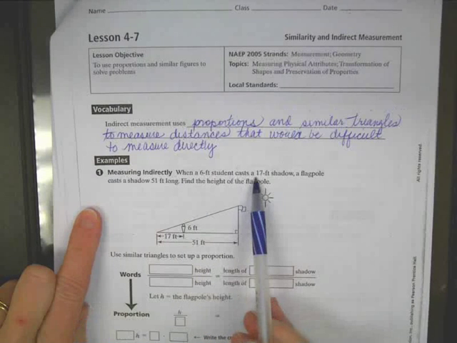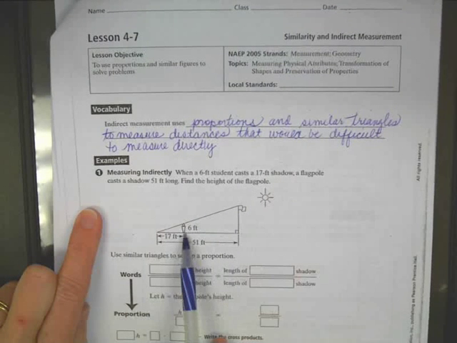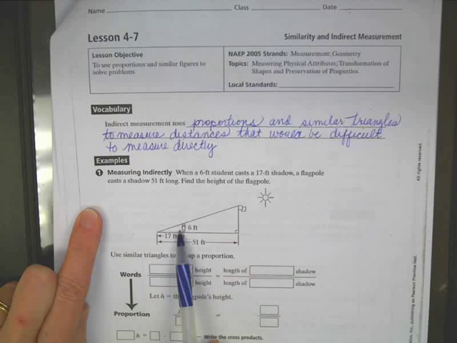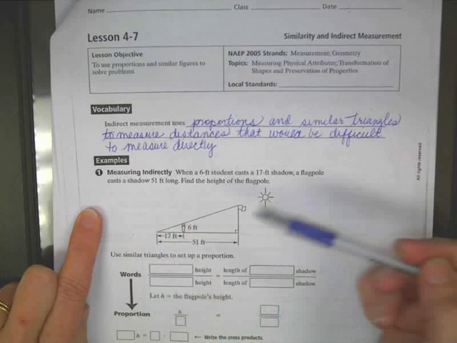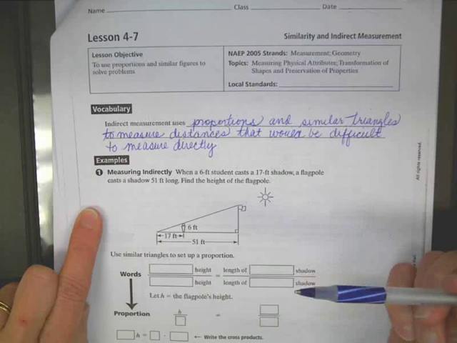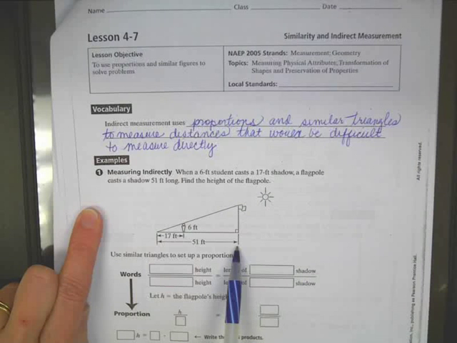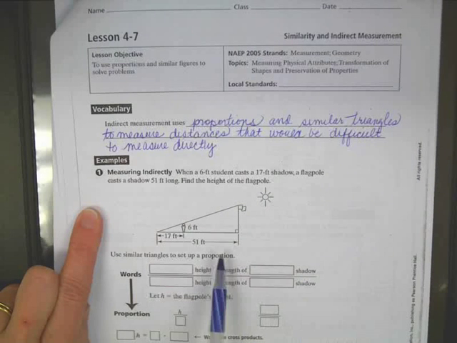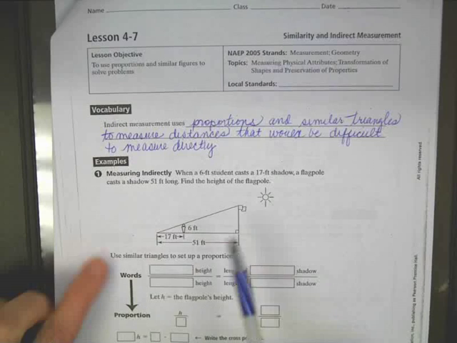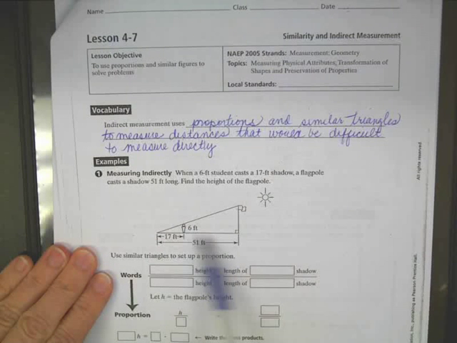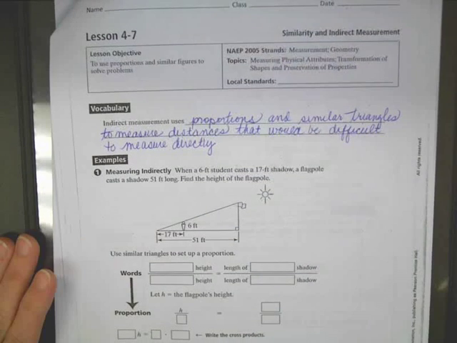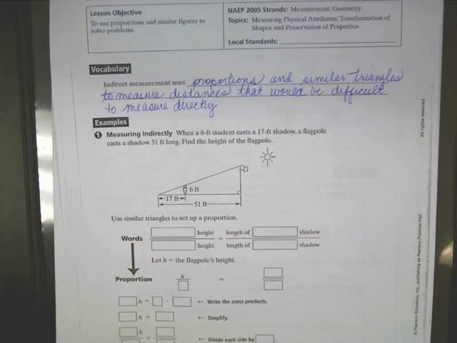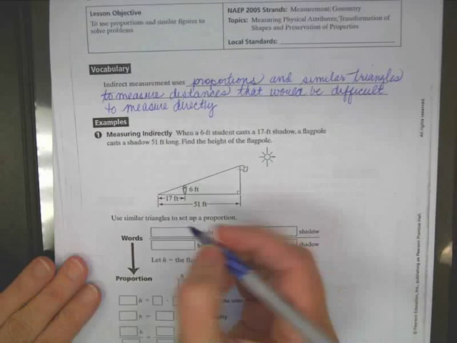When a 6-foot student casts a 17-foot shadow, you see that represented by the little guy and his shadow. A flagpole, represented right here, casts a shadow that is 51 feet long. So we see that we have a large triangle and then a similar smaller triangle in our figure. So we want to use the similar triangles to set up a proportion.